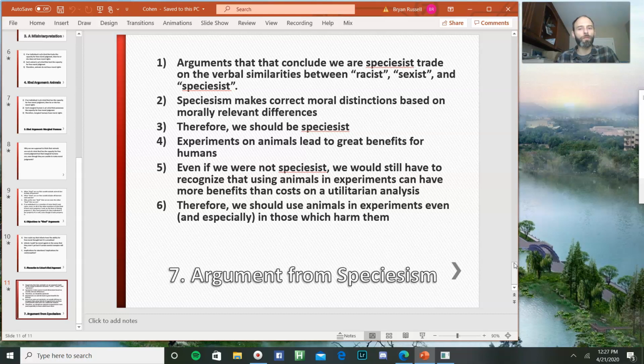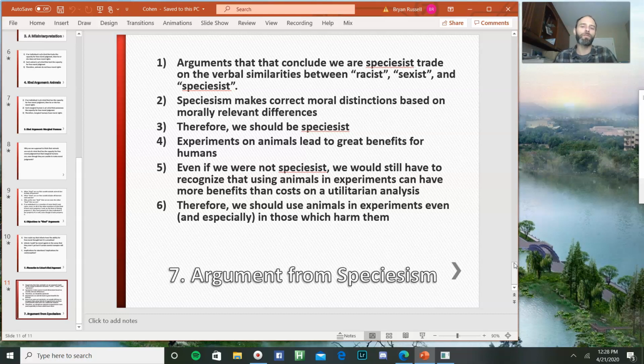However, the first part of this argument, Singer is going to have some objections against. He's going to say speciesism does not make correct moral distinctions. It doesn't focus on morally relevant differences. We should just take the species talk completely out of it and focus on the relevant capacities.